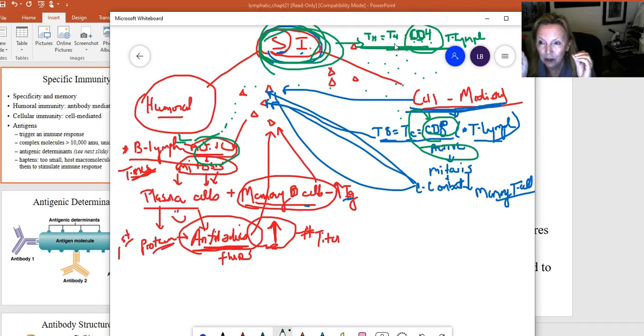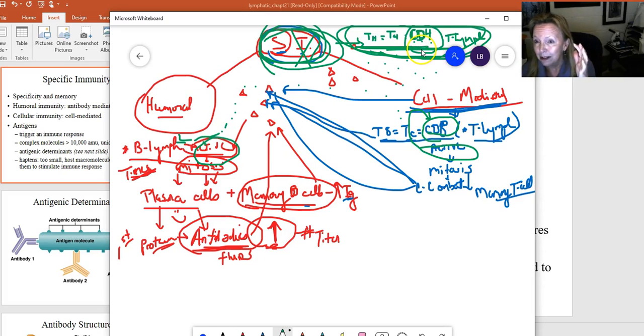Another important reason to know is that there's a virus that actually attacks these cells. It doesn't just attack these cells, but because it attacks these cells, this virus absolutely destroys our specific immunity and cripples our specific immunity, crippling these two.